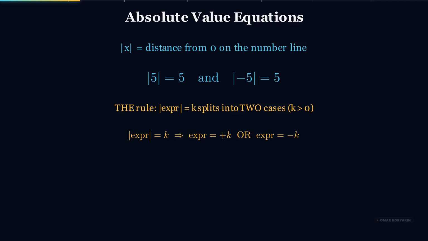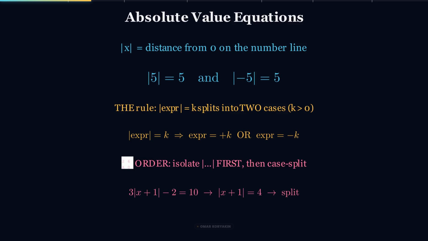For an equation of the form absolute value of expression equals k, where k is positive, the equation splits into two simple equations: expression equals positive k and expression equals negative k. Both cases must be solved separately, and the final solution set is the union of the two solutions. The split happens because absolute value loses sign information, so two different signed values produce the same absolute value.